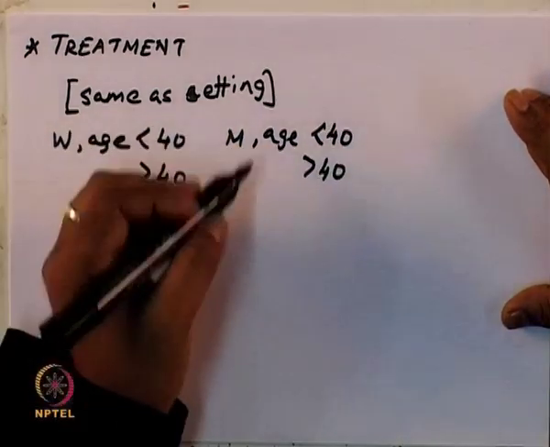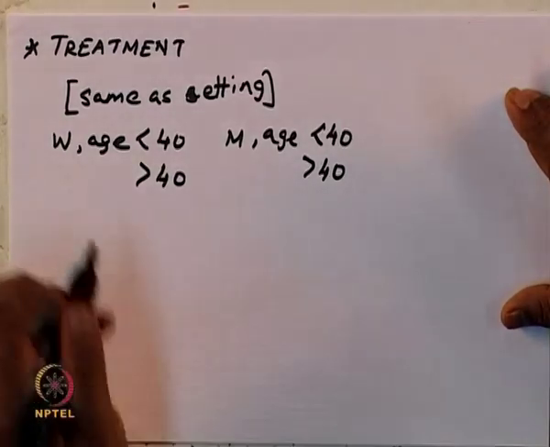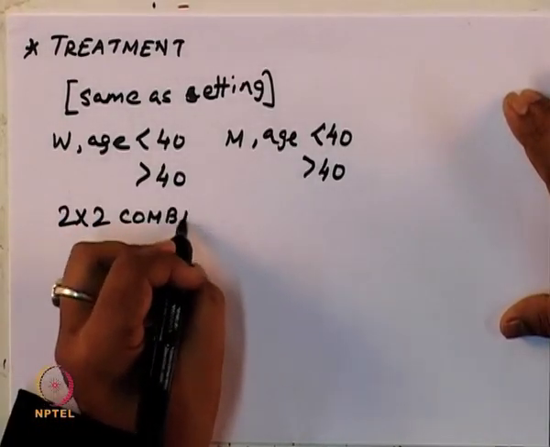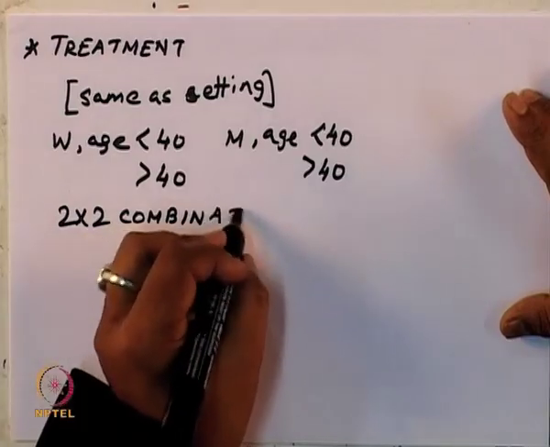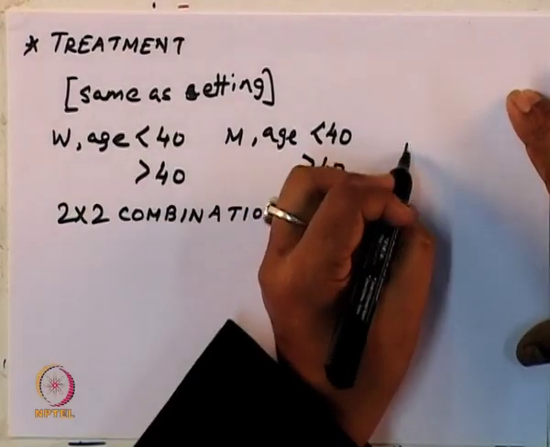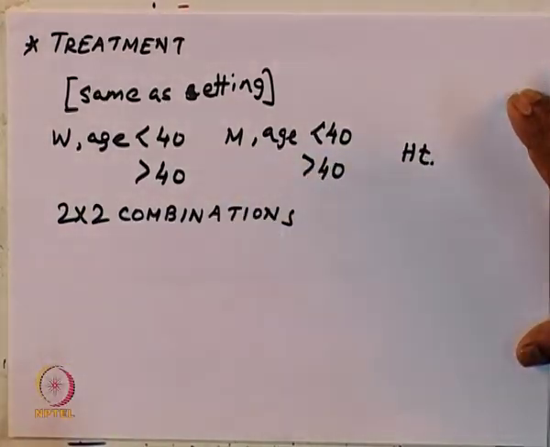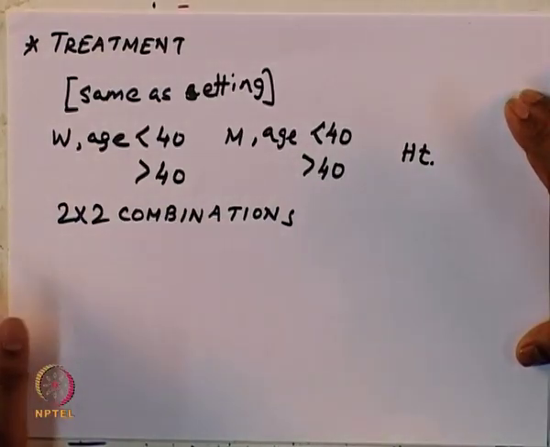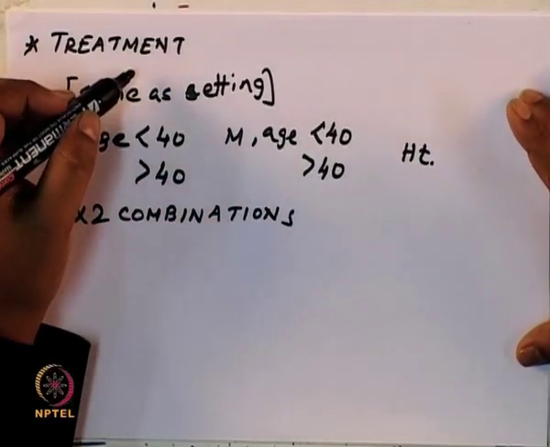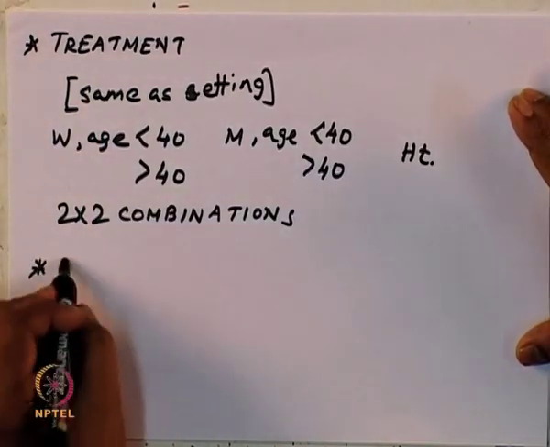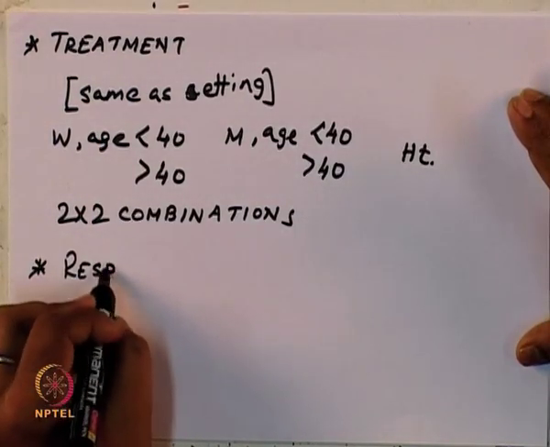So, in this case you have 2 into 2 combinations of treatment settings. If on top of that I introduce height as another metric, then I have 2 into 2 into 2, 8 combinations. So, treatment may or may not be equal to the setting value. And finally, your response is what you measure.